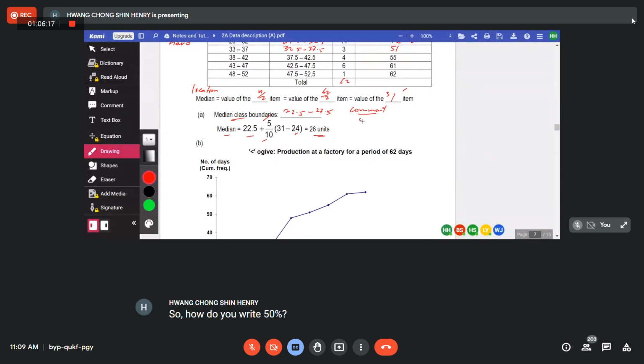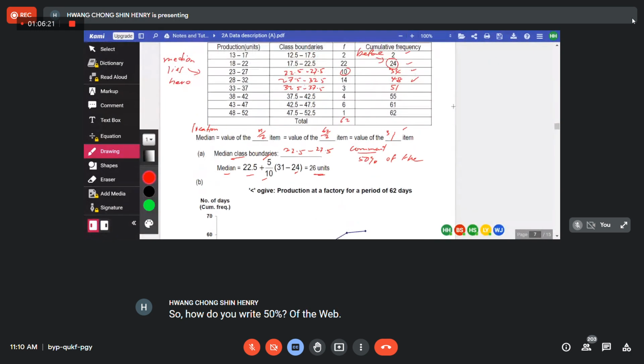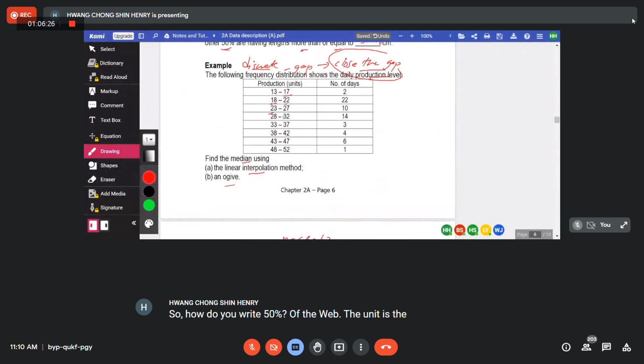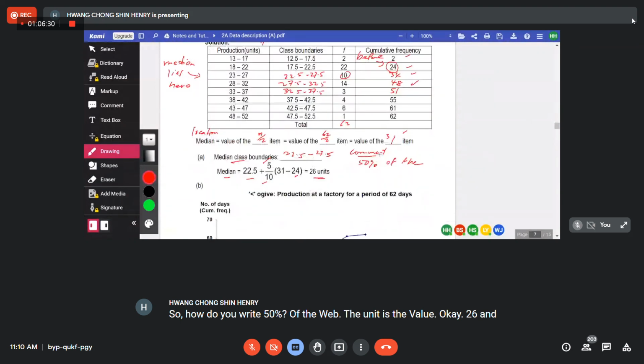So how do you write? 50% of the what? The units is the value, okay, 26. And 50% of the what?